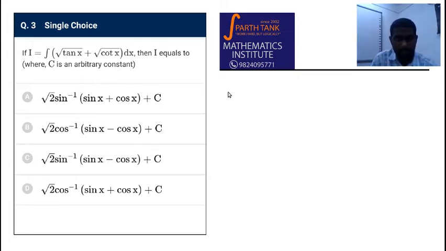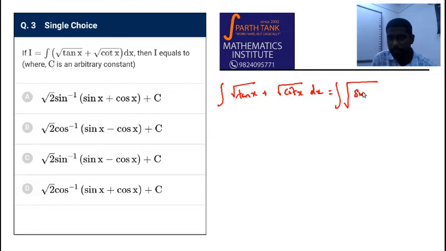See, now this is a bit tricky, but not very difficult. Convert tan x and cot x to sines and cosines. So this can become square root of sin x by cos x plus cos x upon sin x.